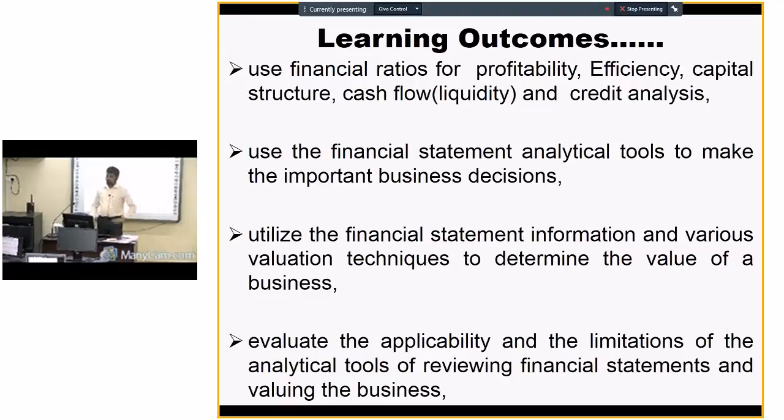Then there are some limitations if you use this type of financial analytical tools. There are some merits as well as demerits, or advantages as well as disadvantages. So we should have a good evaluation before using that type of technique. We should have a good evaluation of each technique.